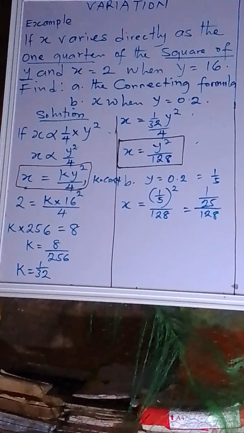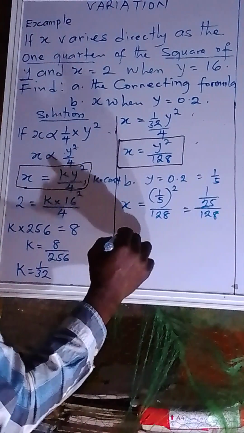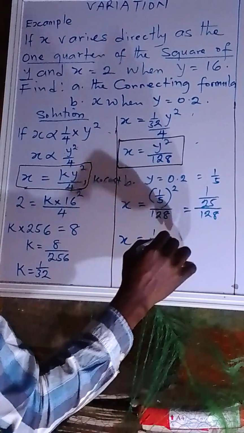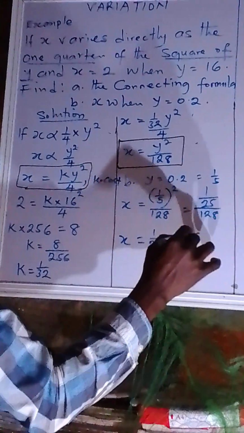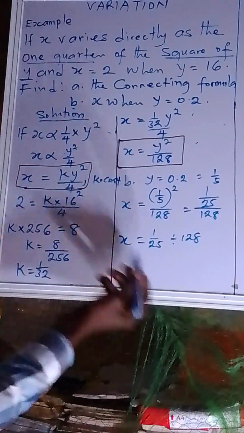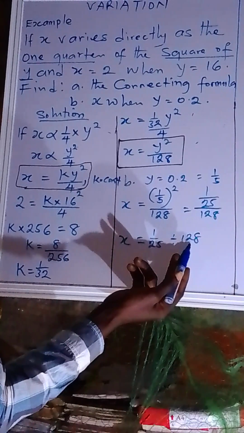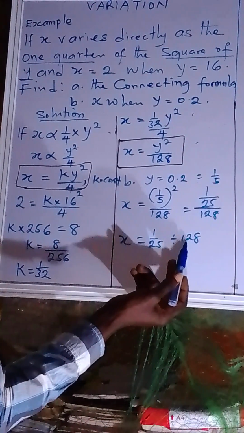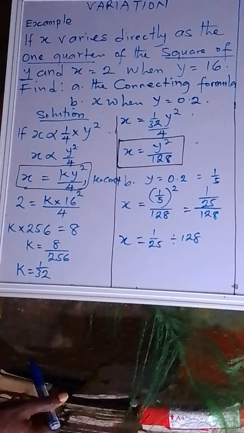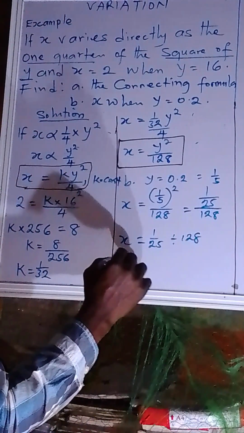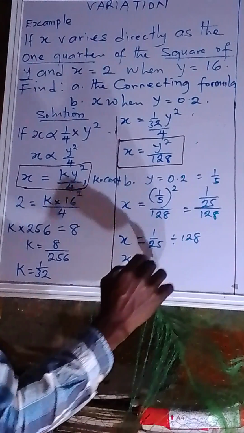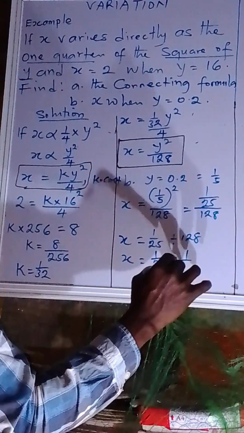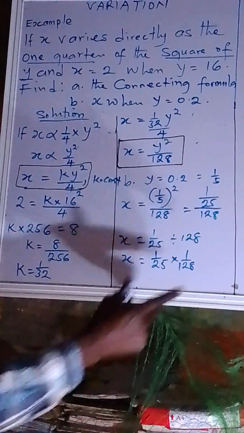Hope you get that. Alright, now x will be 1 over 25 divided by 128. When you are dividing, you turn this to multiplication, and this now becomes the reciprocal of itself. So x equals 1 over 25 times 1 over 128, and you multiply.